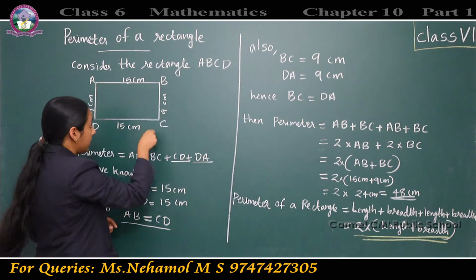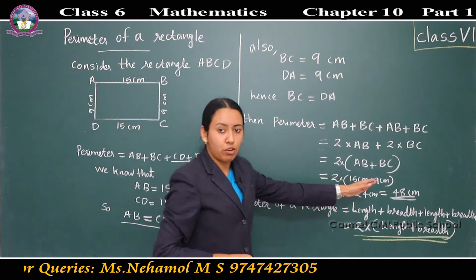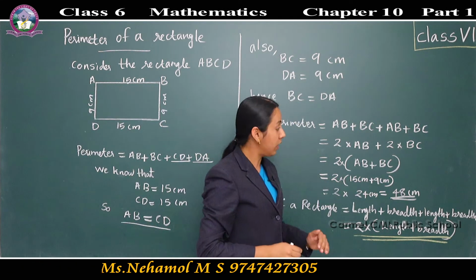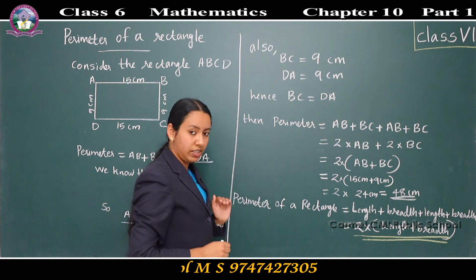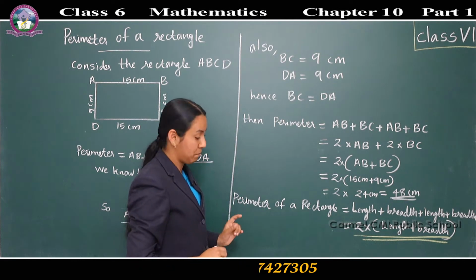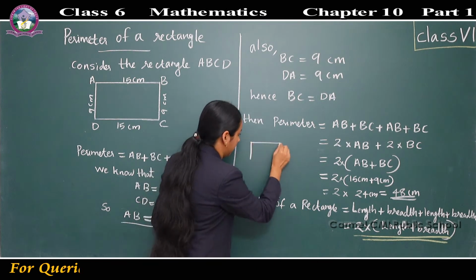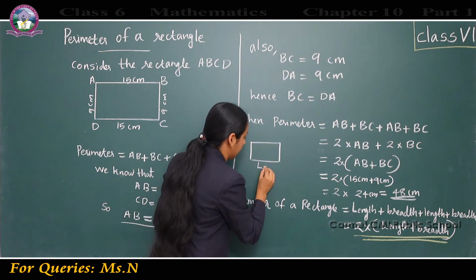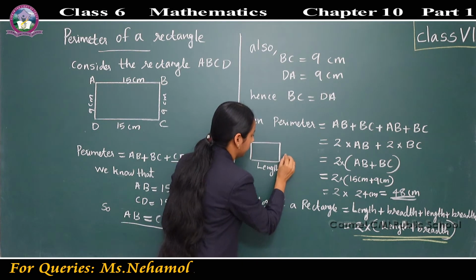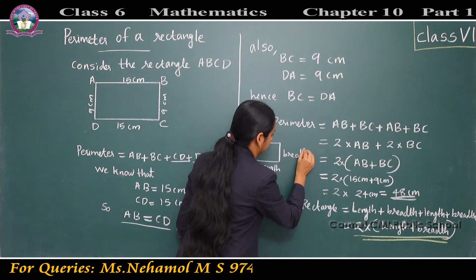If we add all these sides, then also we will get 48 centimeter. But from this method, we get the general equation, the perimeter of the rectangle. This is a rectangle and this is length, this is breadth.